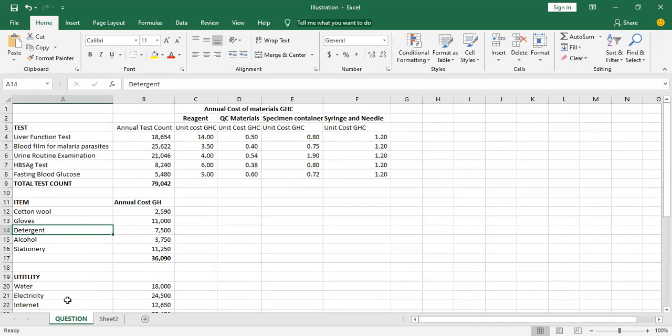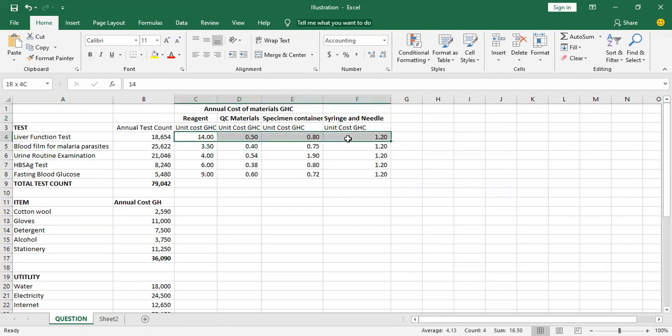So what we are going to do now is, because these are direct costs, we can easily attribute them to individual tests. So we can say that reagent costs, QC material costs, specimen container costs, syringe costs, totaling them would give us the total direct cost of each test. So what we can do here is to add all of them.